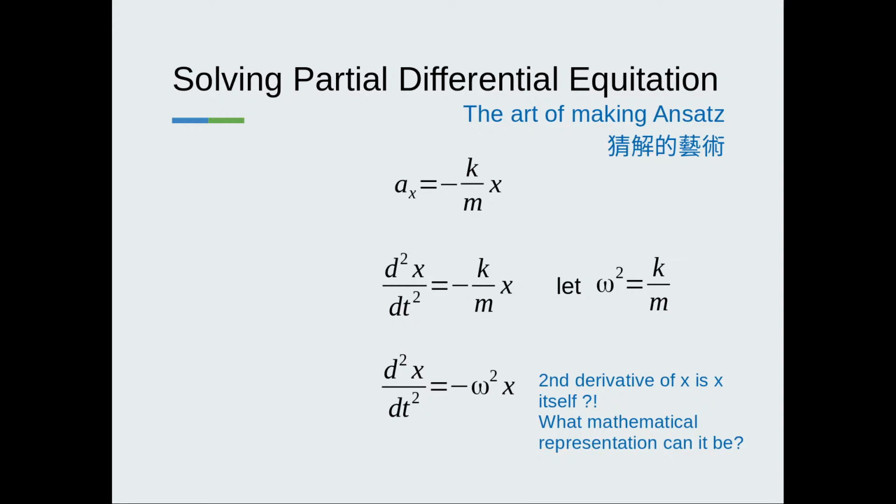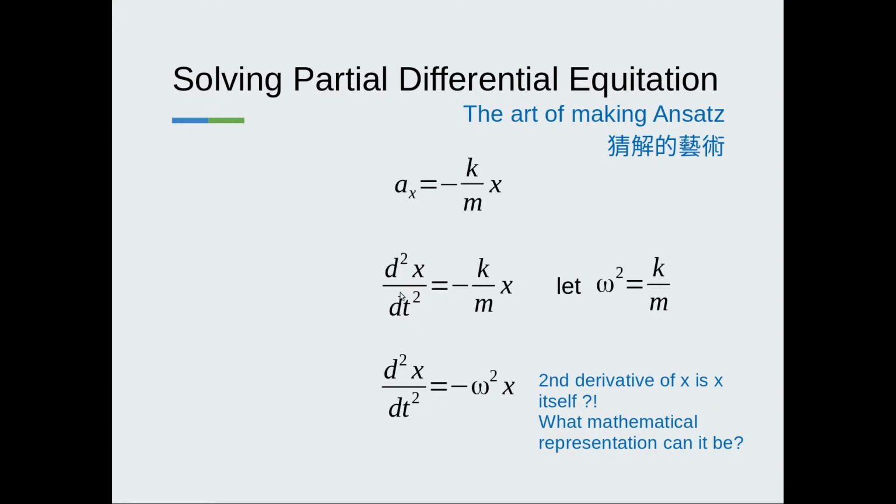So you do the derivative on x two times, and then you have a relation here. So this is the position again, and here are the coefficients which are related to your system.